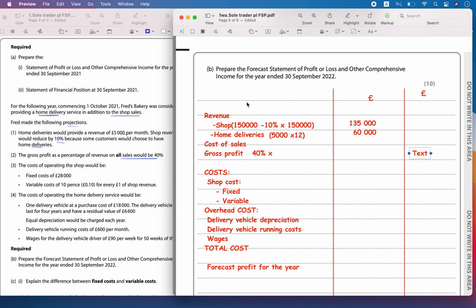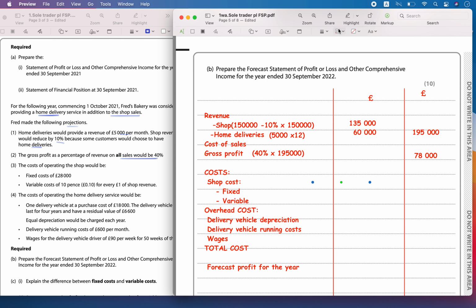So the gross profit is going to be equal to 78,000 on 195,000, which is the total revenue. We can write it here. Now the cost of sales you will have to find out.